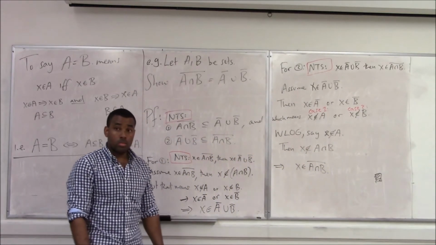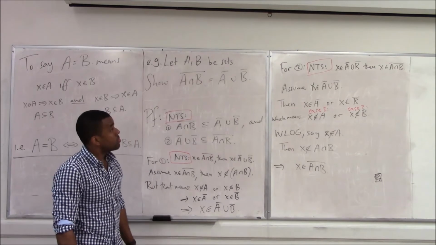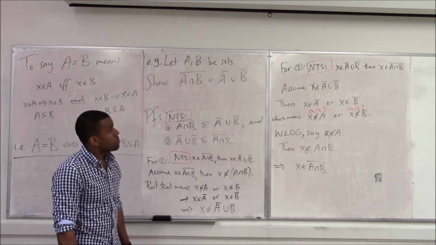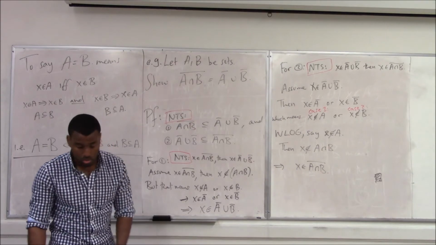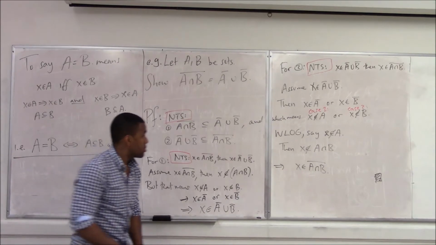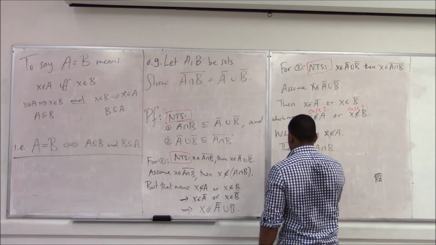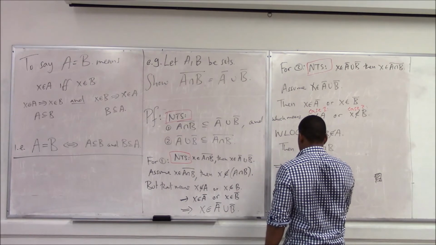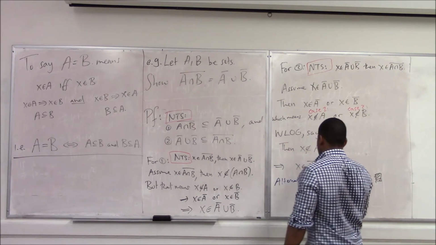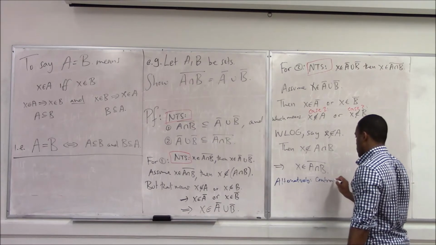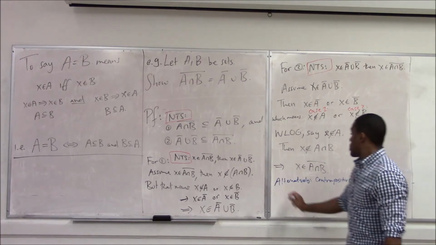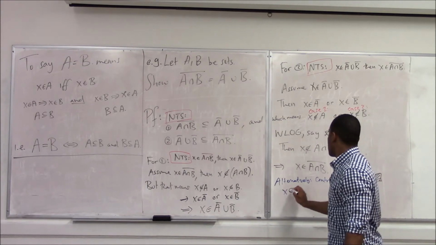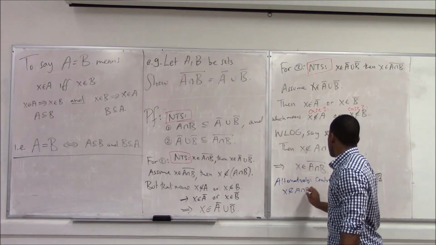So I understand that, for example, if we wanted to try the contrapositive, we could say that assume x is in the subset A union B. Alternatively, you want to do the contrapositive? Yeah, I just wanted to know how exactly you would write it down. You would say that x is not in that.